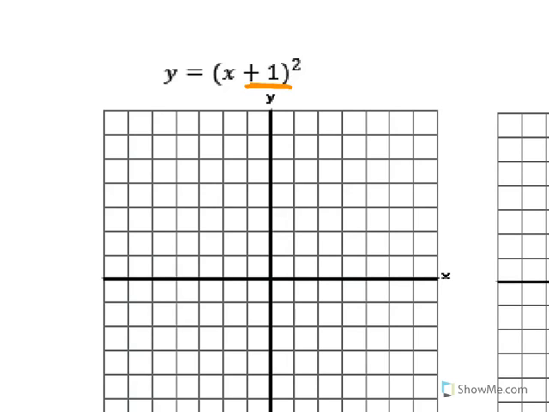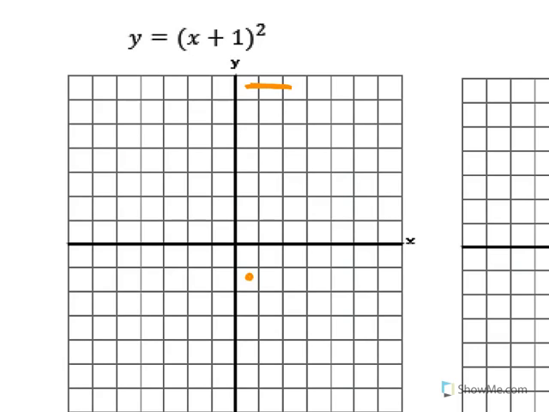Okay, make your vertex at -1 and draw just a normal parabola with your vertex at -1, 0.